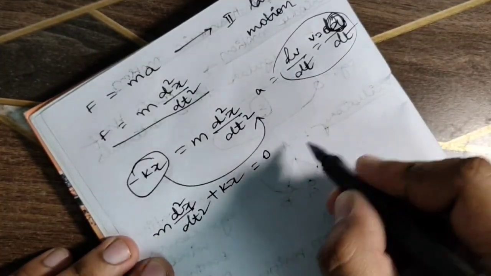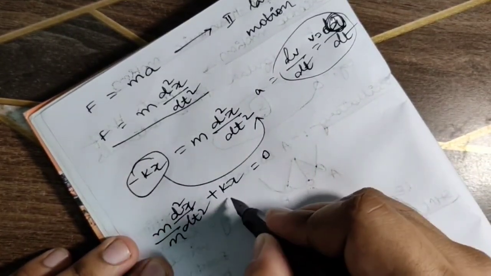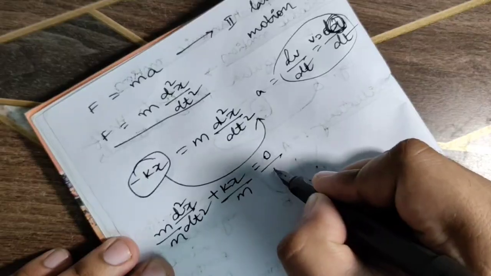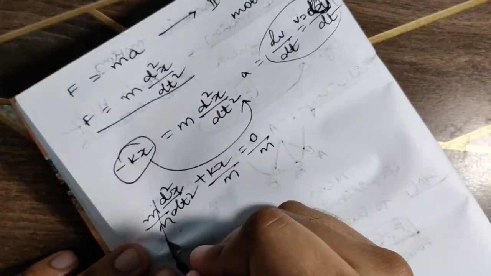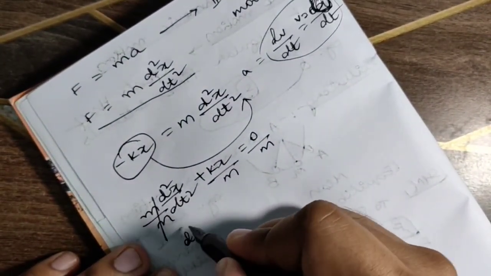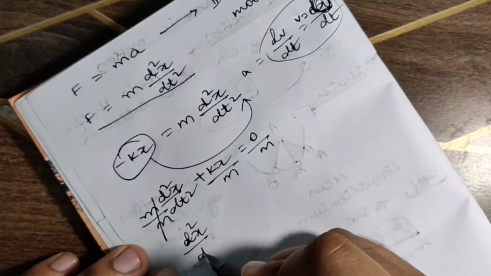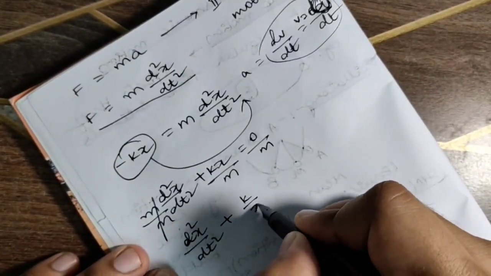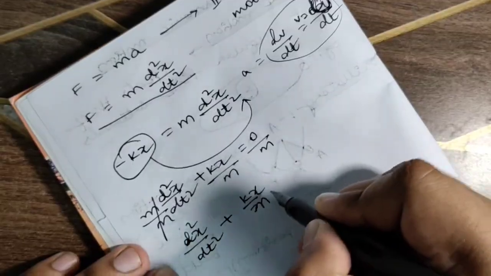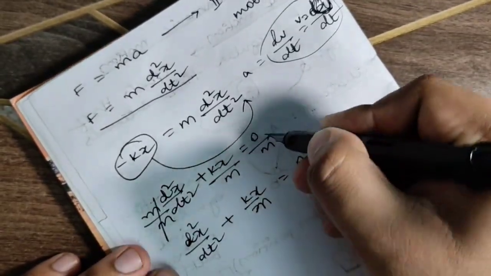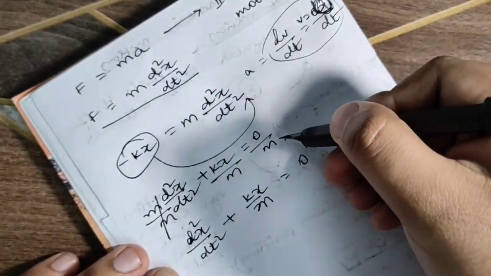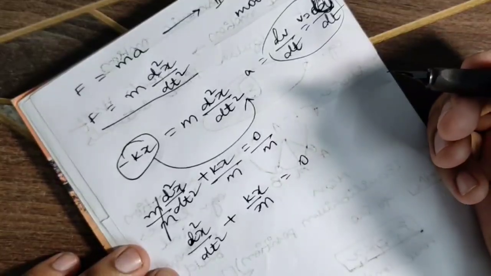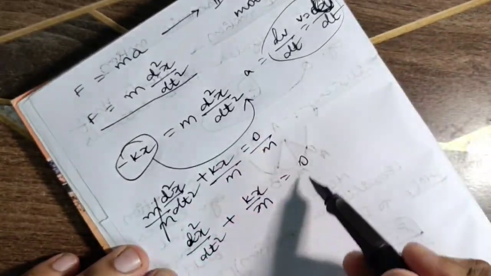Dividing by m on all the sides, the m's cancel. So d square x by dt square plus k by m into x equals 0. Anything that is division by a constant gives you 0 again. So this is 0 already.